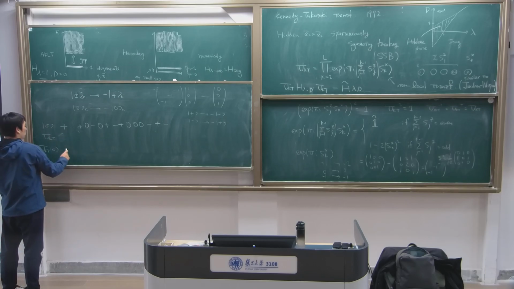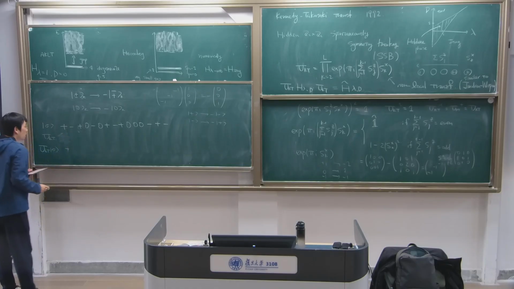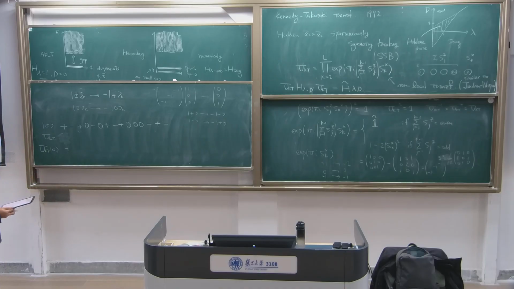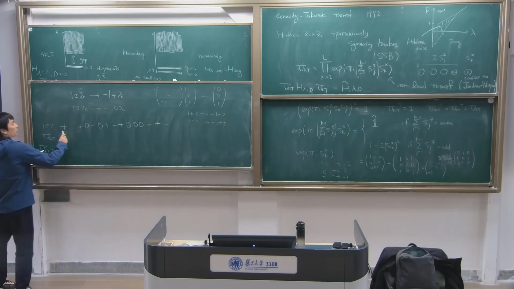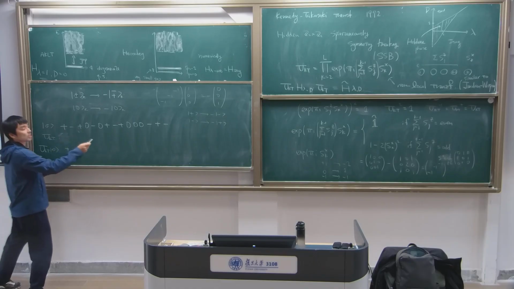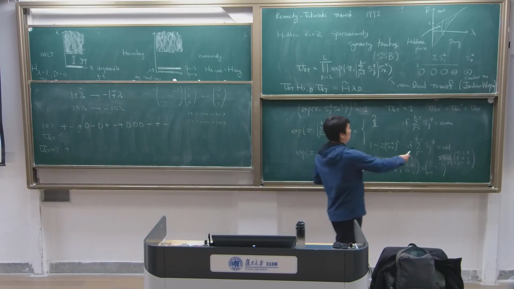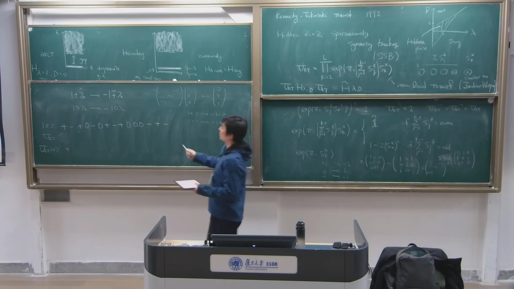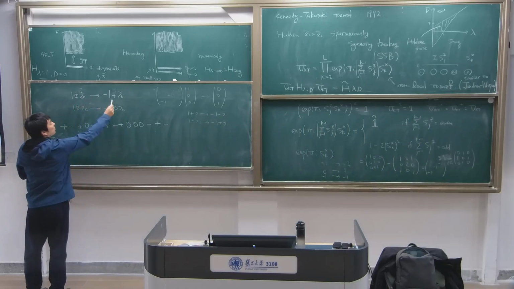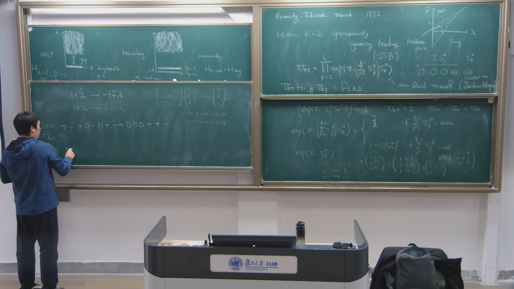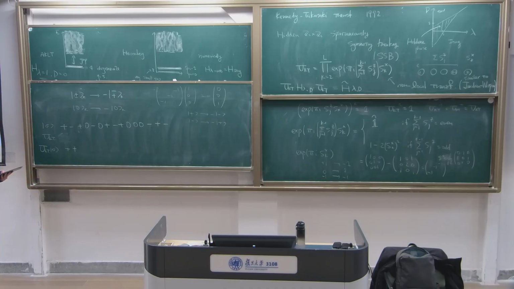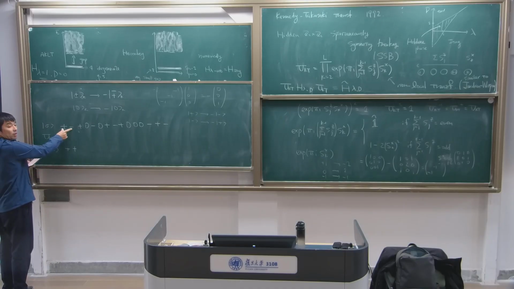If there's nothing, it's just even, so they just have a plus sign. But this is odd, so you have, let's see, if you move that here you have a plus 1, which is odd. So therefore, after the sign difference, the plus is mapped to minus, and the minus is mapped to plus, so therefore this becomes plus. Okay? And if you sum them up here, you get 0.